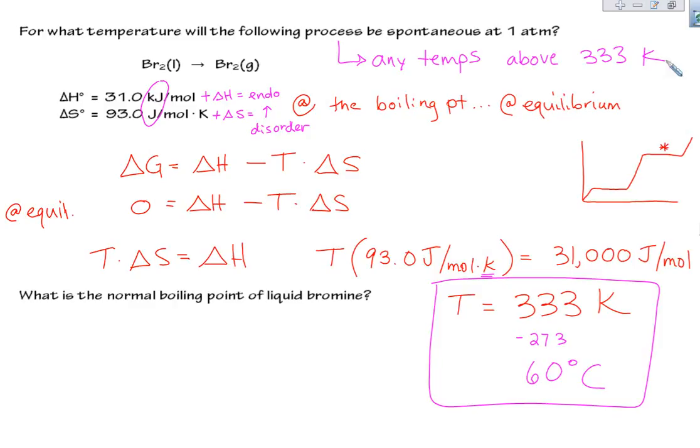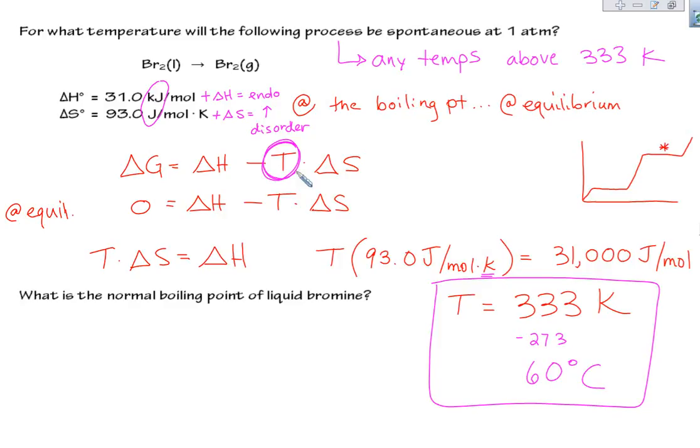Because right now we're at 0. These two quantities are equivalent. So if I want a negative delta G, I need to increase the temperature so that I have delta H minus a larger value. Then I should keep a negative delta G.